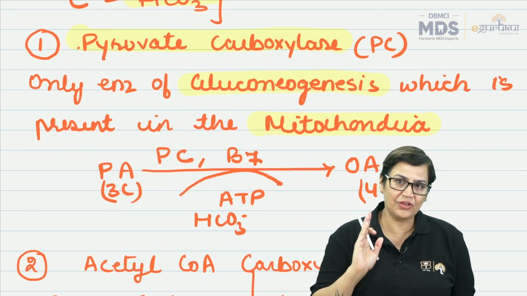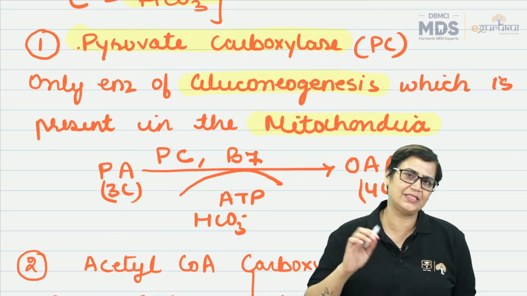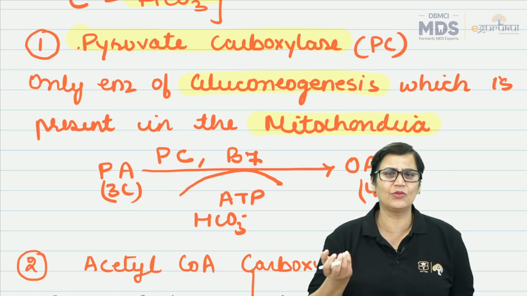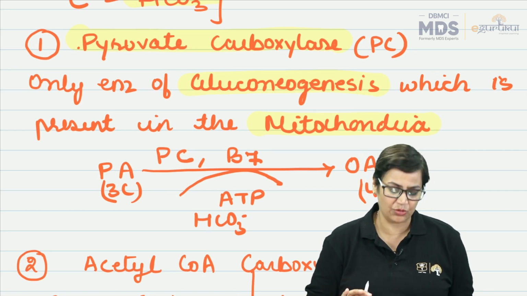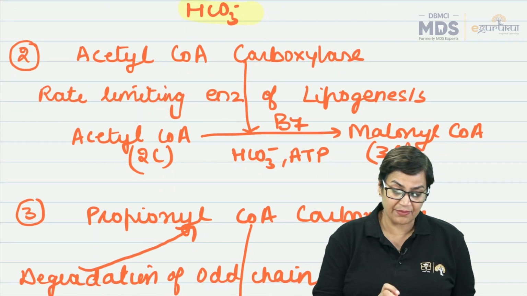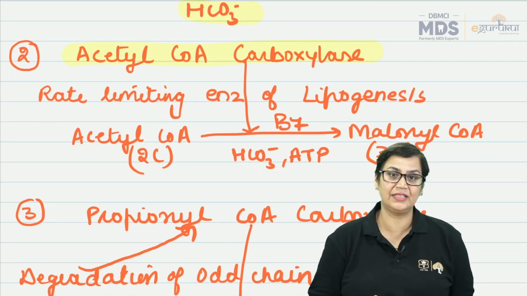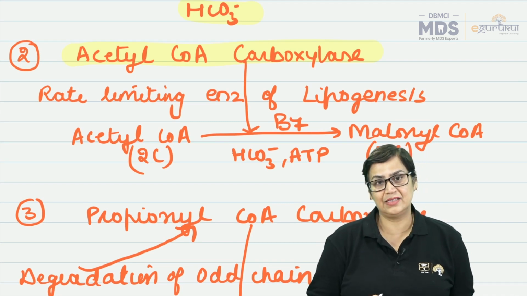For carboxylation, there are three important carboxylation reactions. One is pyruvate carboxylase. It is also a rate limiting enzyme of gluconeogenesis, and it is present in the mitochondria. Then acetyl coenzyme A carboxylase, a very, very important rate limiting enzyme of fatty acid synthesis.